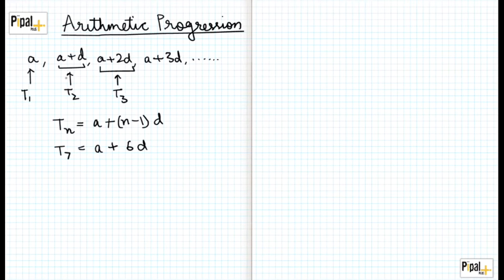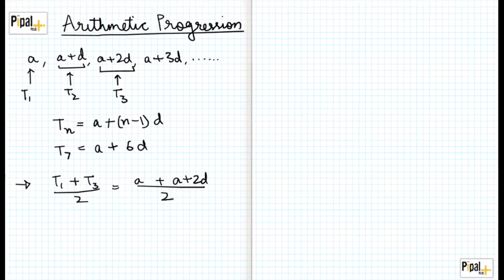Now it's interesting to see that if I add the first and the third term, and I divide this by 2, I get a, which is the first term, plus the third term, which is a plus 2d.